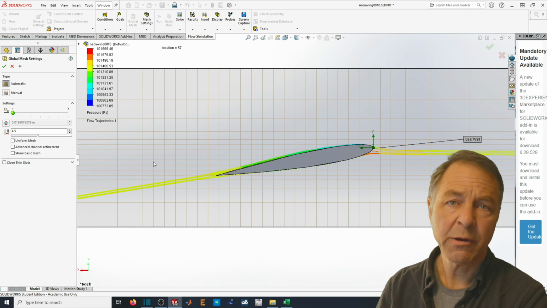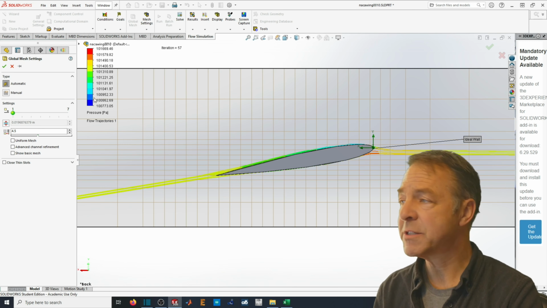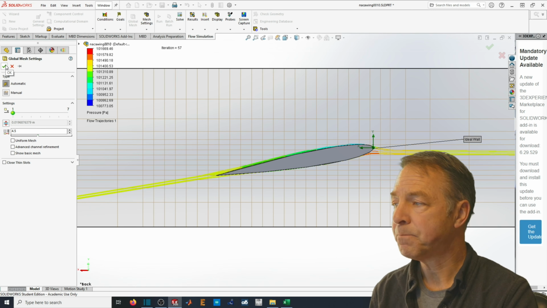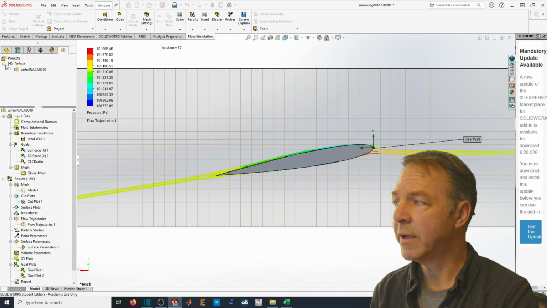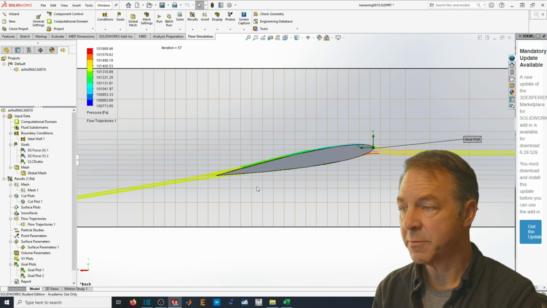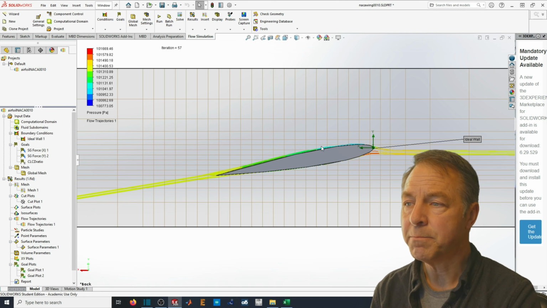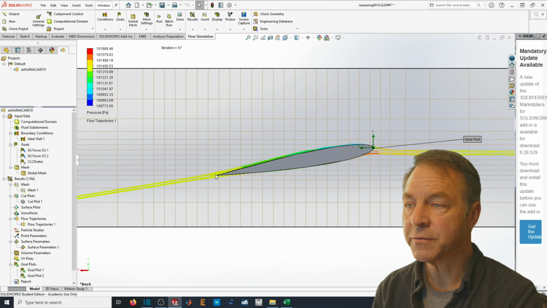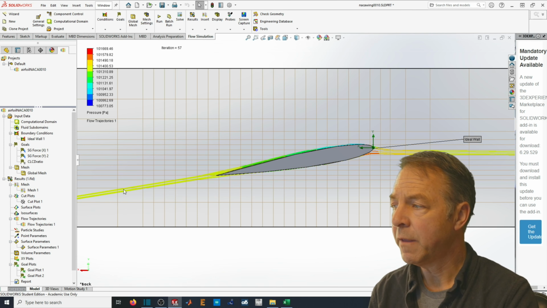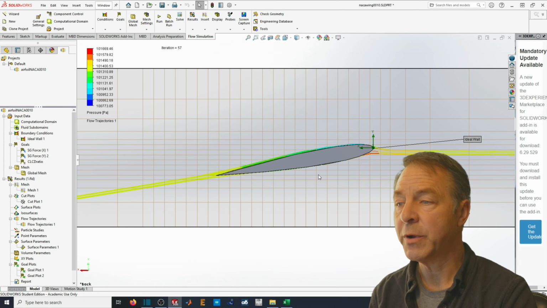You can play around with that inflation rate. It doesn't make that much difference, but certainly something worth testing. When we do that, the mesh that I'm showing here is the mesh that we end up with. You can see it's fairly coarse. Maybe there's a dozen or so grid points along the top surface of the airfoil. And that ultimately is something we have to be aware of.